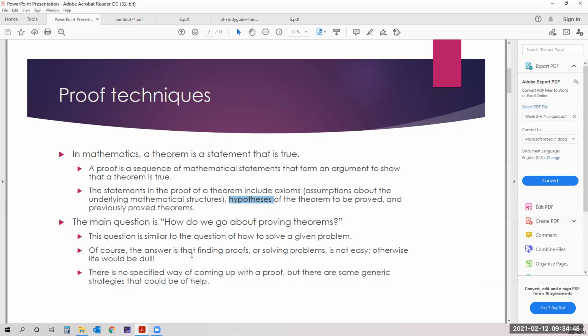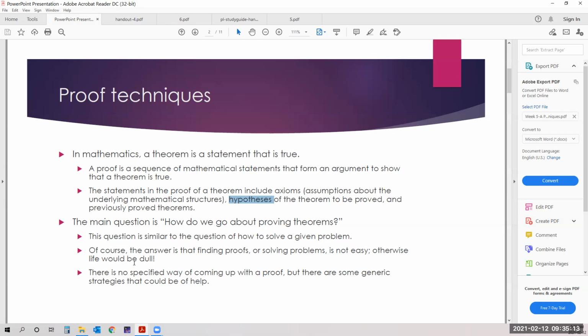Of course, the answer is that finding proofs or solving a problem is not easy. Otherwise, life would be dull. There is no specified way of coming up with a proof, but there are some generic strategies that could be helpful. So each one can prove in his way or in her way.